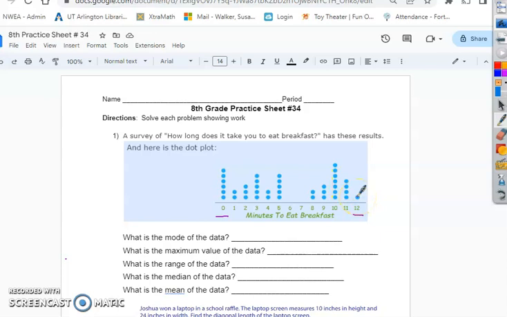So 40, and mid is like middle. So I'm going to take half of 40, which is 20. So I'm counting 20: 1, 2, 3, 4, 5, 6, 7, 8, 9, 10, 11, 12, 13, 14, 15, 16, 17, 18, 19, 20.